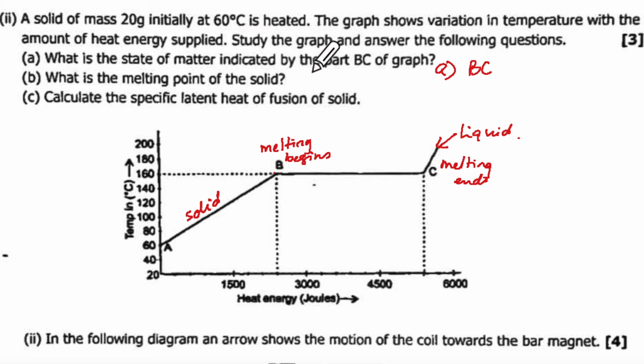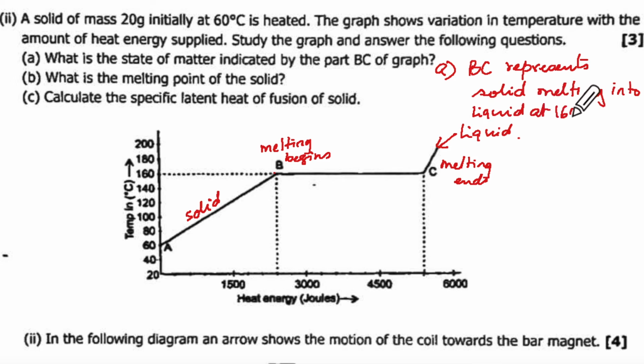What is the state of matter indicated by BC? It's melting, the melting solid. BC represents solid melting into liquid without changing temperature at 160 degrees C. See, if the graph is there, we'll just supply the exact information.